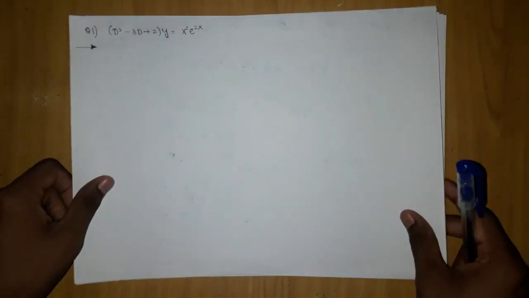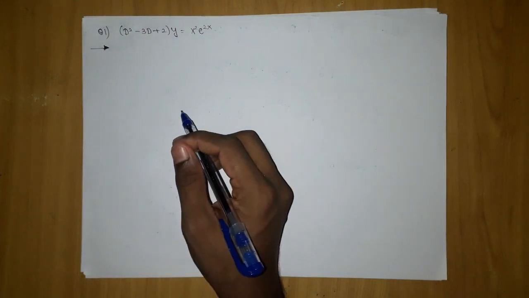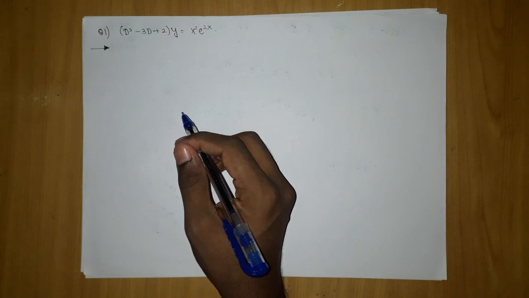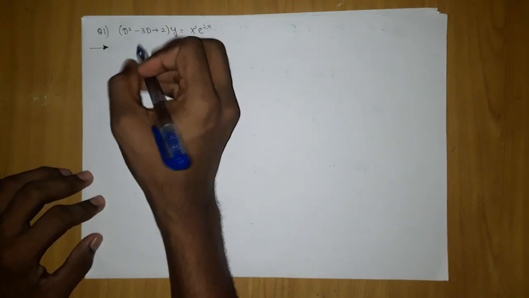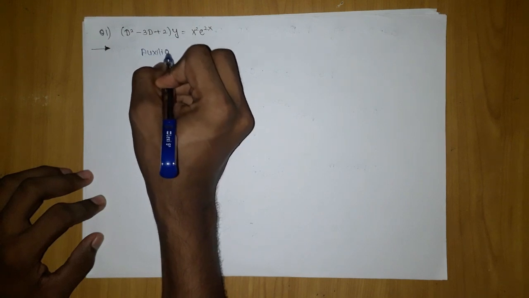So the first problem which we are going to take is this one, and we are going to solve this with proper definitions and everything. So the question says (D^2 minus 3D plus 2) y equals x^2 e^(2x). Now you know what we are going to focus on, auxiliary equation.